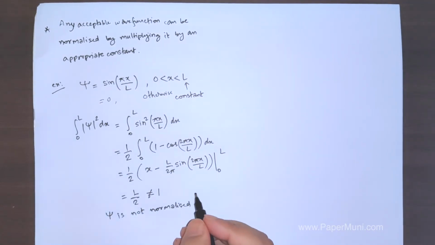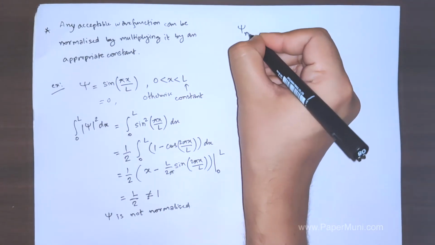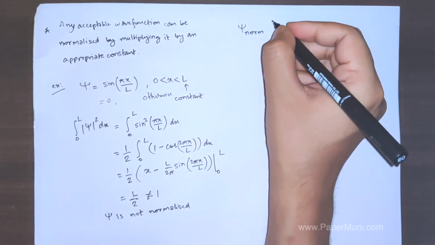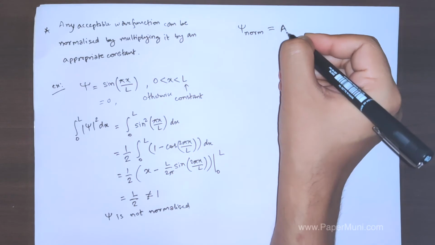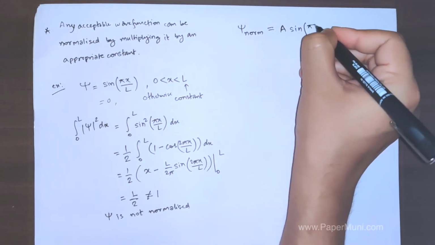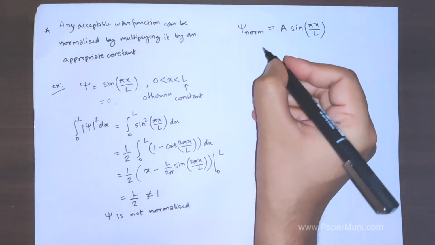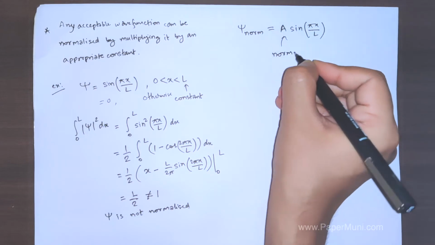So what do we do? We assume a psi, and for the normalized wave we multiply by a constant, which is known as the normalization constant, a, times sine(pi x by L).